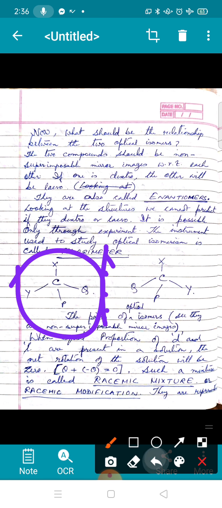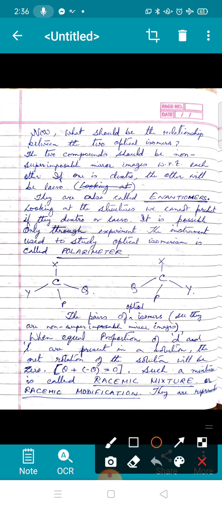But if I lift this particular compound, the left one, onto the right, they will be non-superimposable. The term is non-superimposable mirror images. Take care, they are not superimposable. That means you cannot impose one over the other.